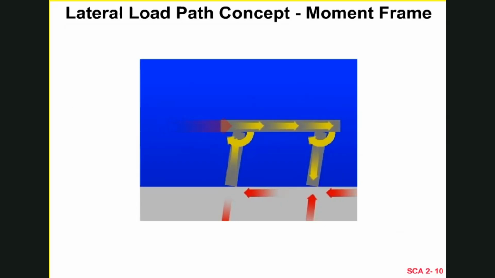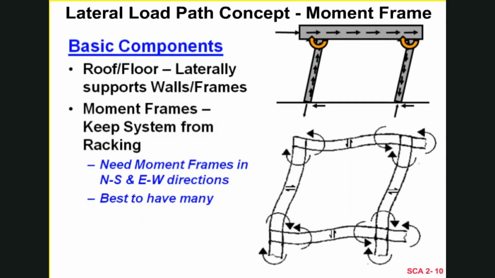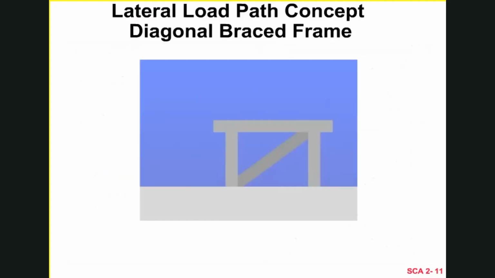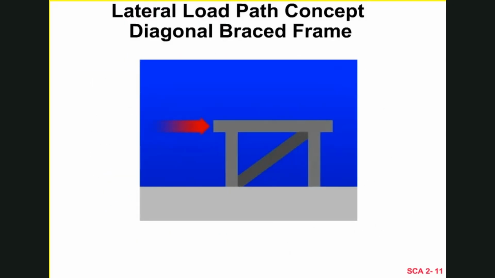What this does is develop a resistance that allows us to transfer the lateral load down to the foundation. The third and last type of building system is the braced frame. Again, it's a frame system, the beams and columns, but now we are using diagonal bracing to carry the lateral load down to the foundation.